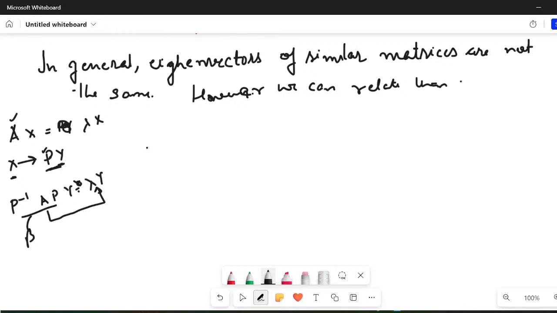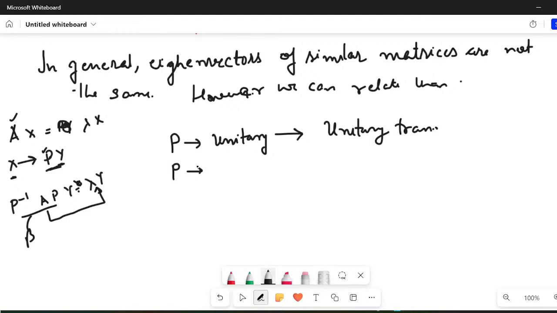Now, in mathematics and even physics, if this matrix P happens to be a unitary matrix, then the transformation, that is x is equal to Py, is called a unitary transformation. If this matrix P happens to be an orthogonal matrix, then it is called the orthogonal transformation. That is what I want to say.